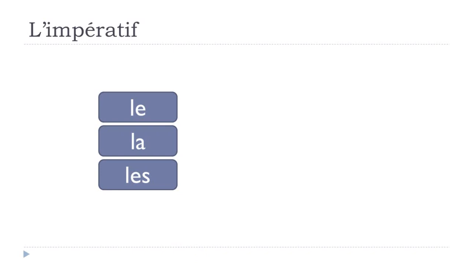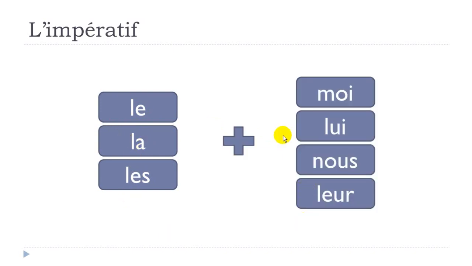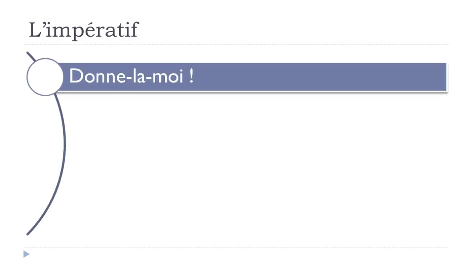Second possibility that you would have would be the pronouns like le, la, and les. Okay, and they will come first, and after that you will have moi, lui, nous, and leur, okay? Let's see a few examples now. Donne-la-moi, okay? Donne-la-moi. So exactly the same rule as we saw previously, okay?